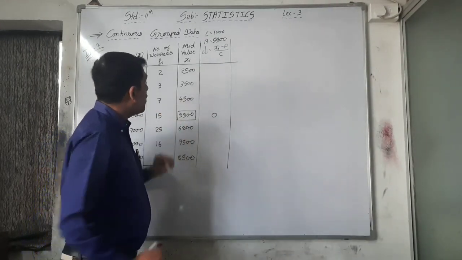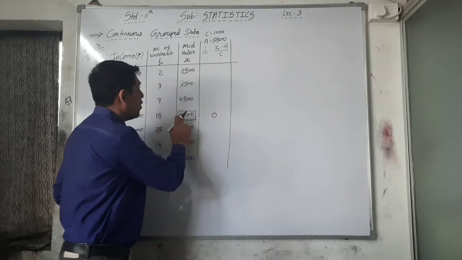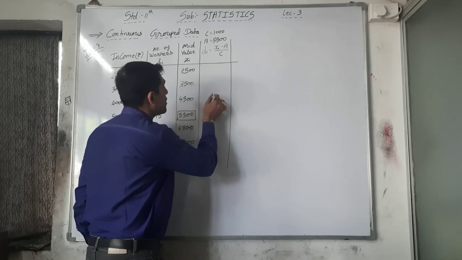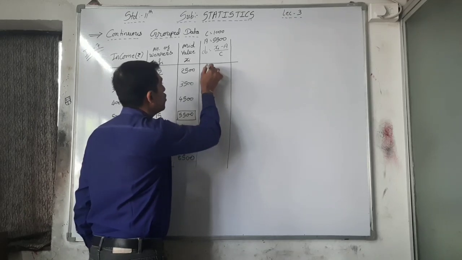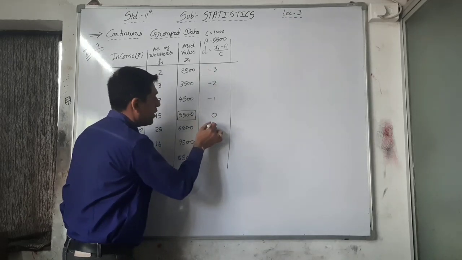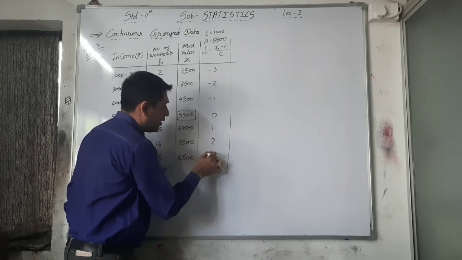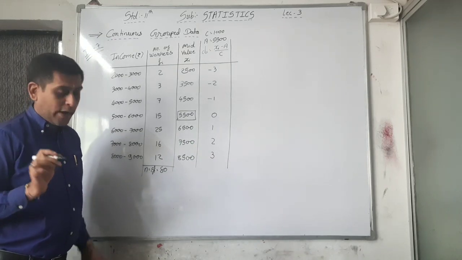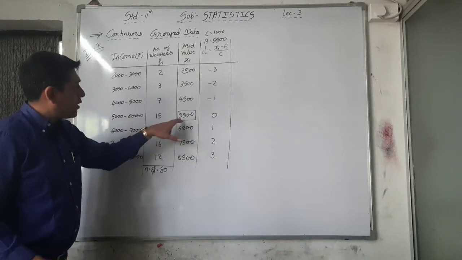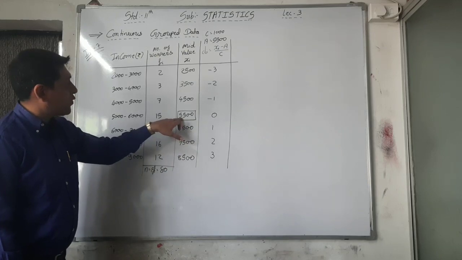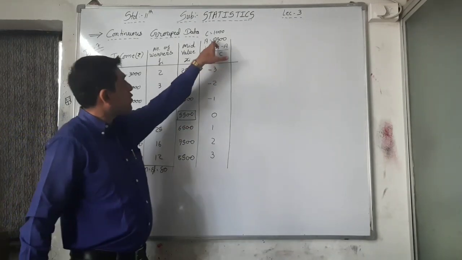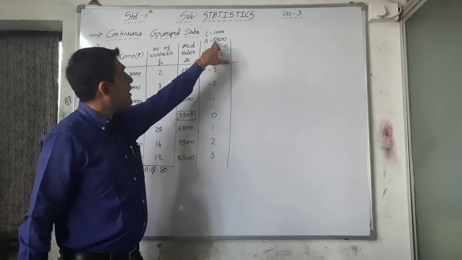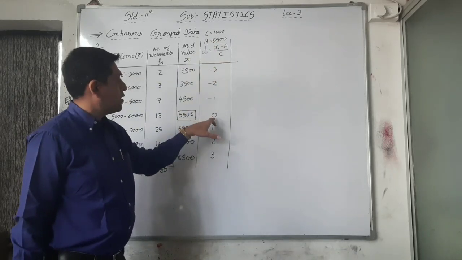Then in the middle, whatever you are taking as the assumed mean, you just write 0, then -1, -2, -3 above, and 1, 2 and 3 below. It is also a shortcut. Why? See here, calculate this. Whenever you are taking 5,500 as A, xi minus A is 5,500 minus 5,500, that is 0, 0 divided by 1,000, that is 0.